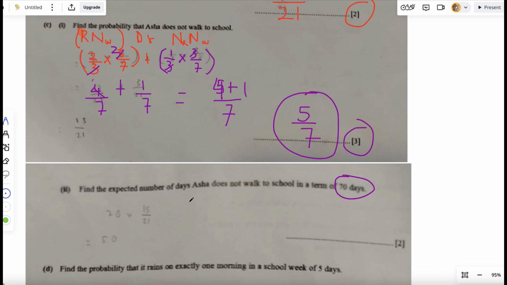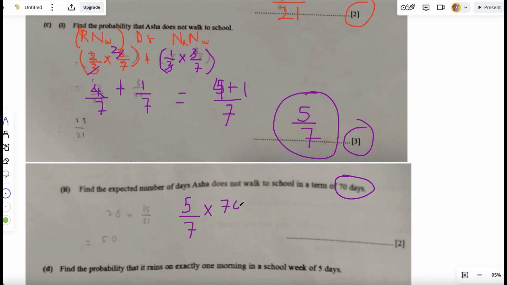So expected days Aisha does not walk to school is the probability we got, which is 5 over 7. You know, this is the probability of not walking to school, right? So the probability of not walking to school is 5/7 times the number of days, so that we get the expected number of days that Aisha does not walk to school.